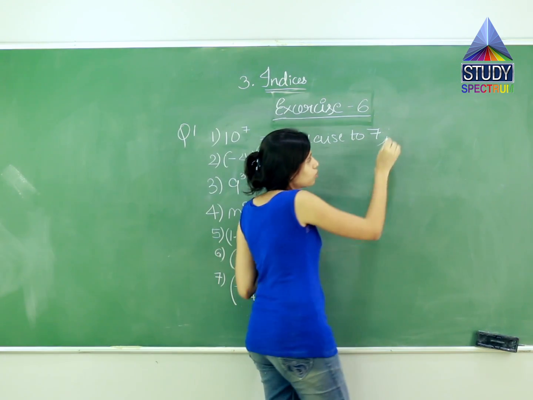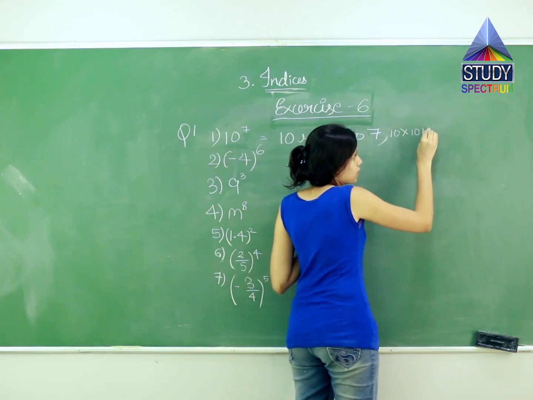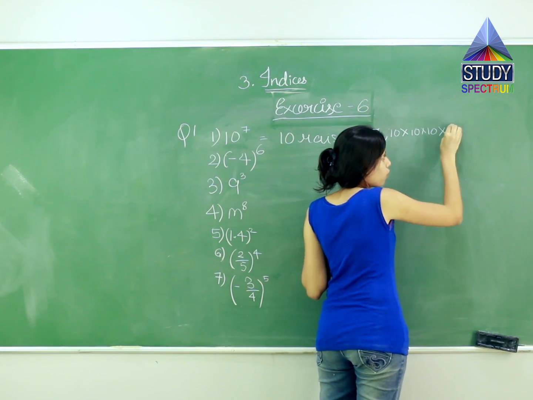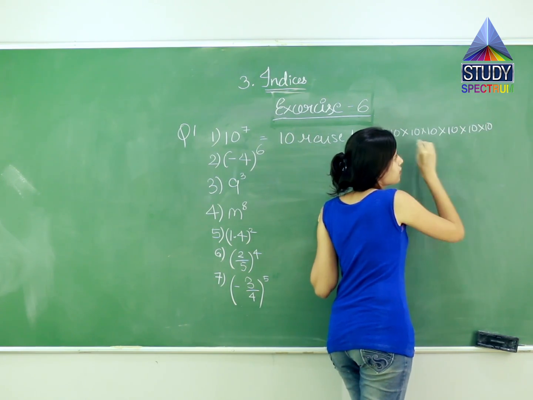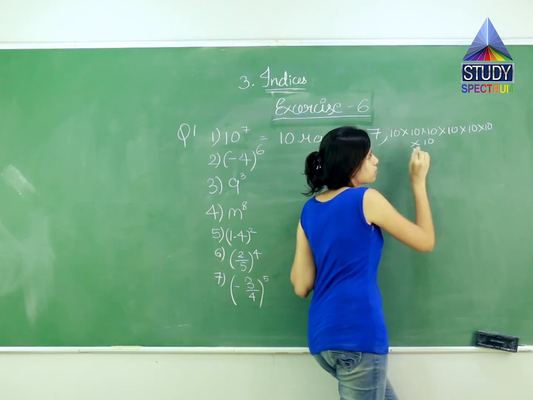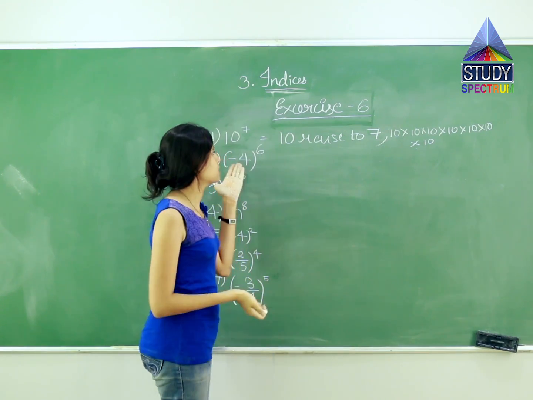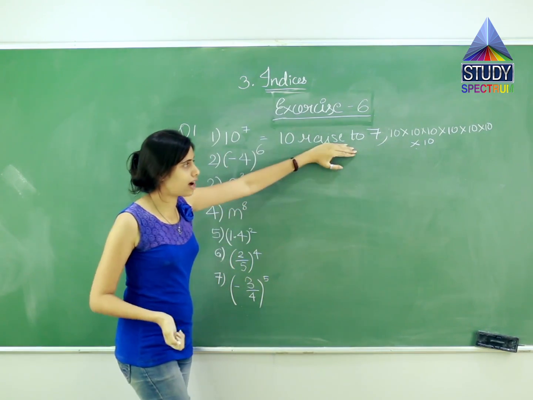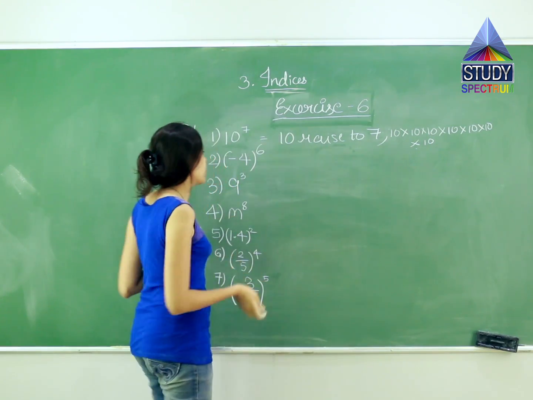So that only we will do is 10, 1, 2, 3, 4, 5, 6 and 7. So we have repeated 10 how many times? 7 times. This is what they are asking. How it is read as and the product form of it. Now let us move on to the next question.